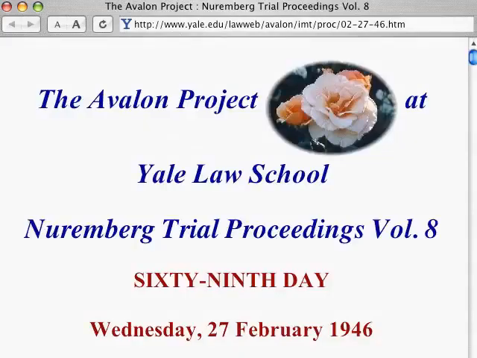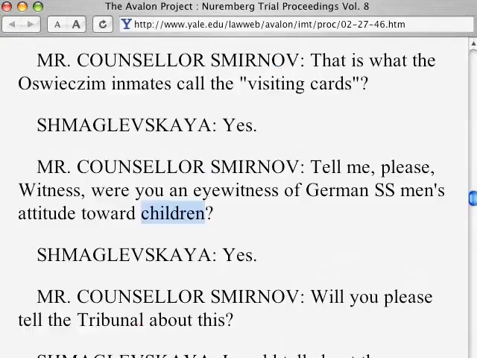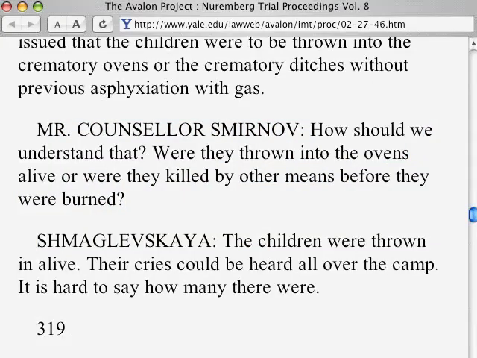And if we do a search on children, we see where Soviet prosecutor Lev Smirnov asks yet another alleged witness from Auschwitz the following. Tell me, please, witness, were you an eyewitness of German SS men's attitude toward children? She replies, yes. After many questions, Smirnov asks, were they thrown into the ovens alive or were they killed by other means before they were burned? The children were thrown in alive.